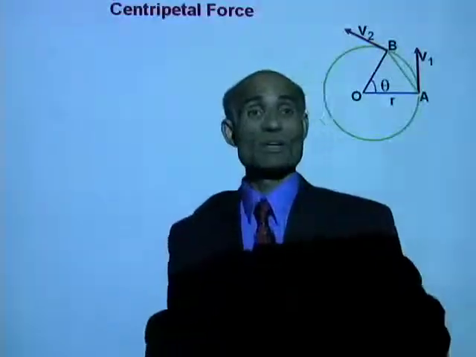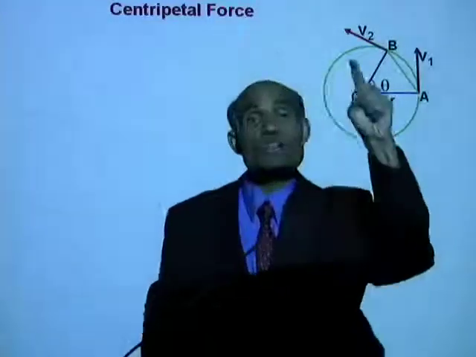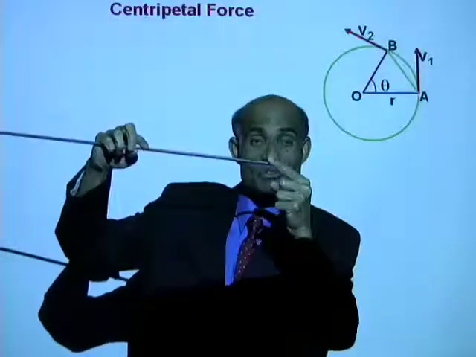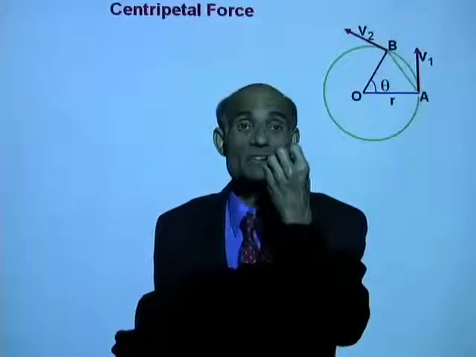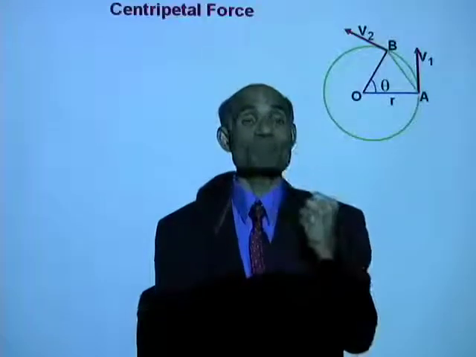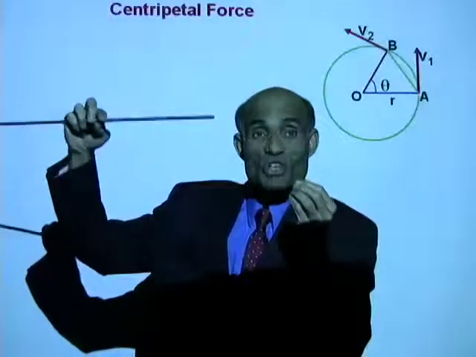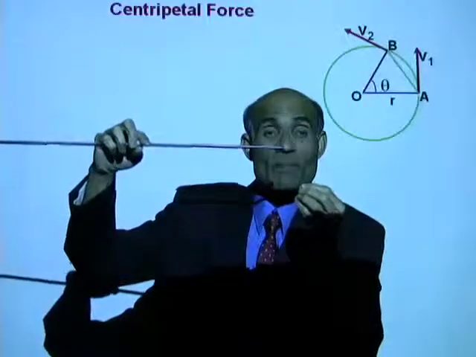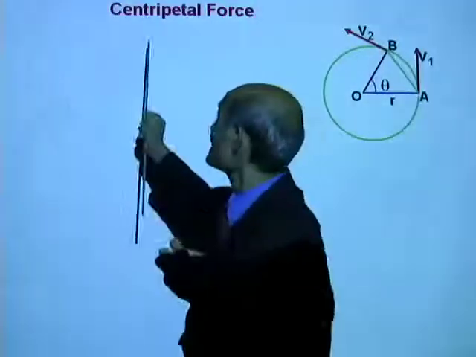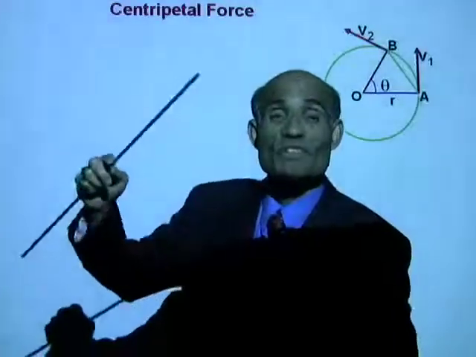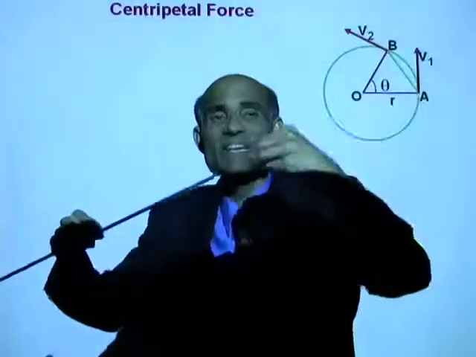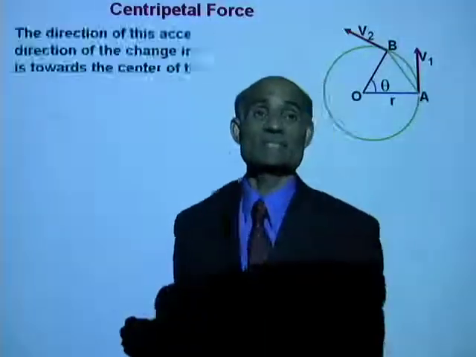We just showed that an object moving along a circular path has an acceleration directed towards the center of the circle. The only way an acceleration can be produced on an object is that there is a net force on the object. Now, if the acceleration is directed towards the center, what is the direction of the force then? The same direction. So a centripetal force is a force that is directed towards the center.